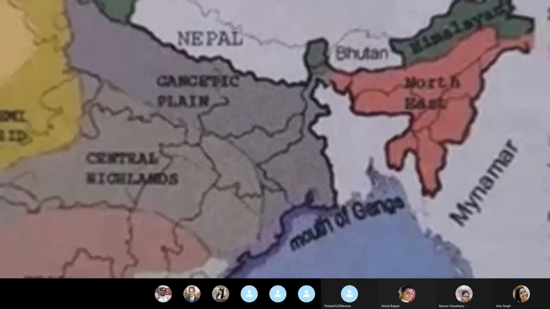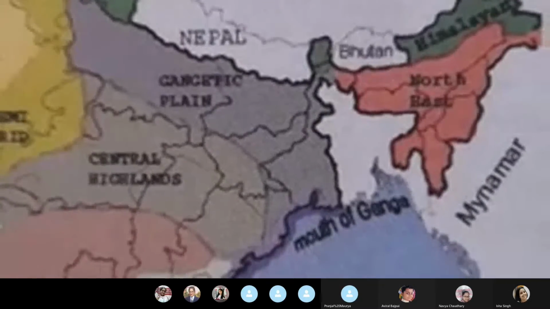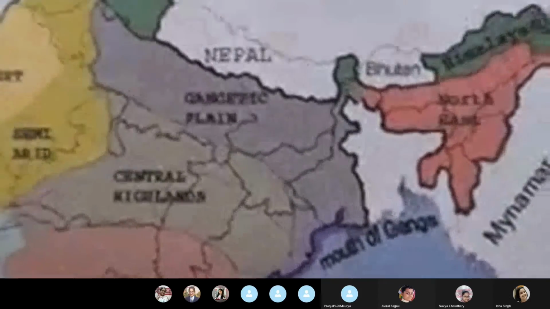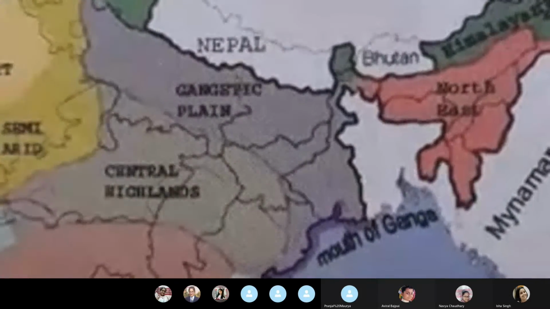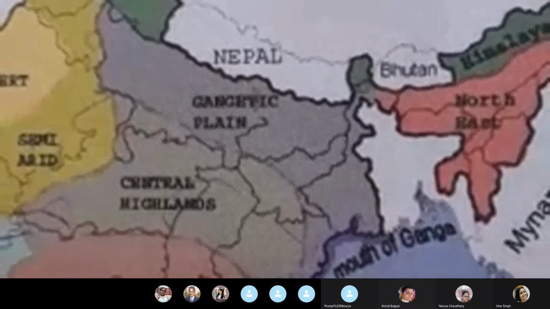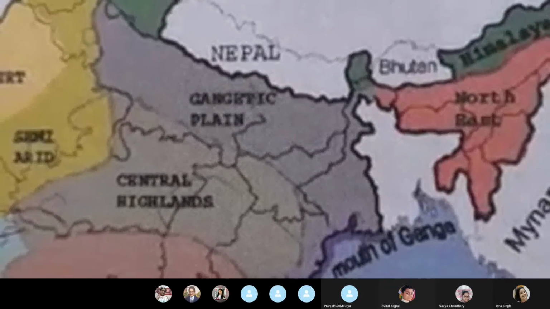Now, the southern part of the plain is known as the Coromandel Coast, and the northern part is known as Northern Sircars. Here also it is divided into two parts. The northern part, this side, is known as Northern Sircars, and this part is known as Coromandel Coast.